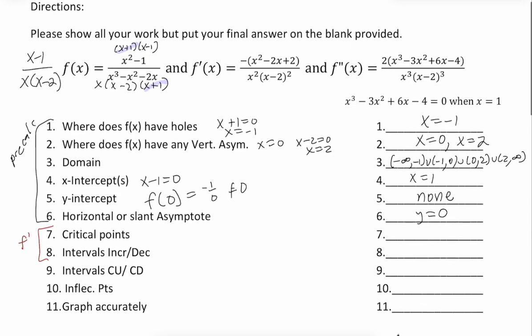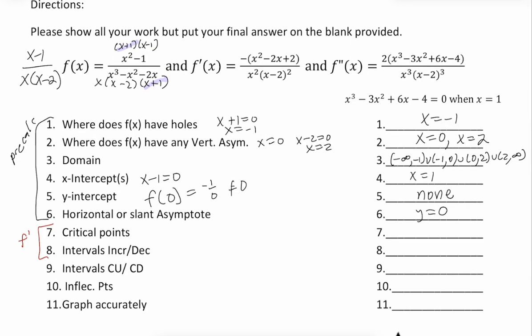Now, we already know the critical numbers occur at 0 and 2. We can clearly see our denominator makes it so that 0 and 2 are undefined. But our question is what about that top? Does x squared minus 2x plus 2 equal 0?